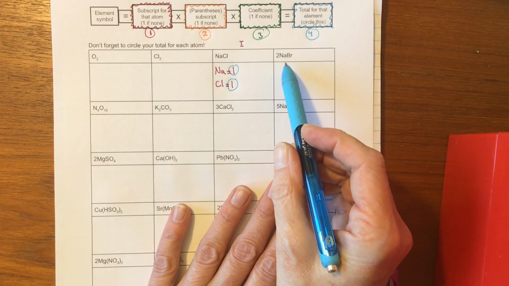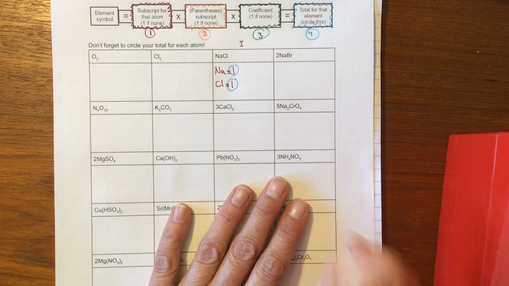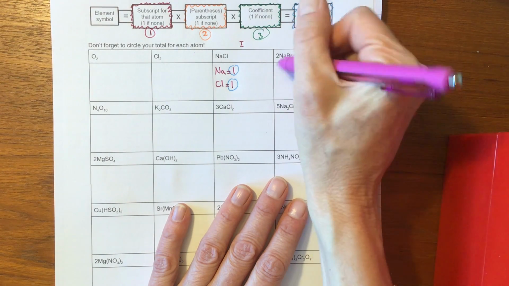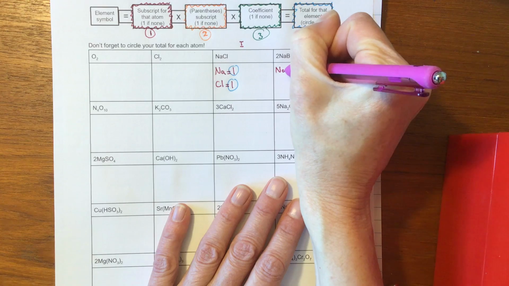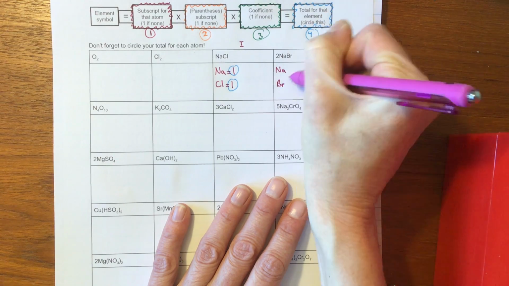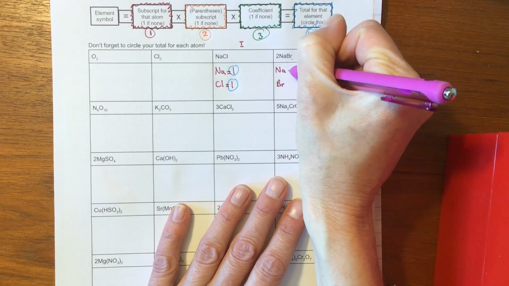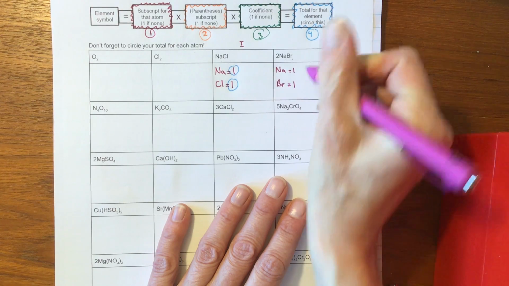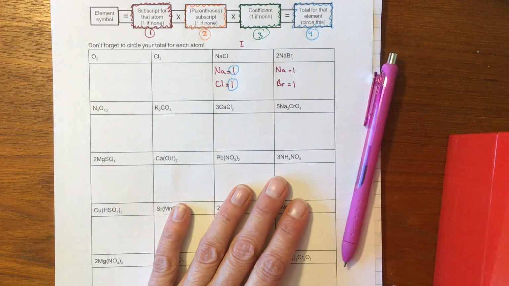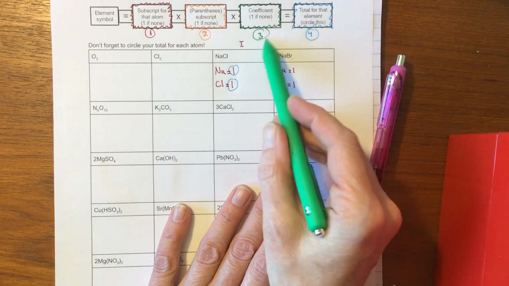Now, if we go next door here to sodium bromide, we still start out with the same step, which is we're going to list the elements, sodium and bromine, set them equal to their individual subscripts, which is 1 for each of these, but now we have no parentheses, but we have a coefficient.